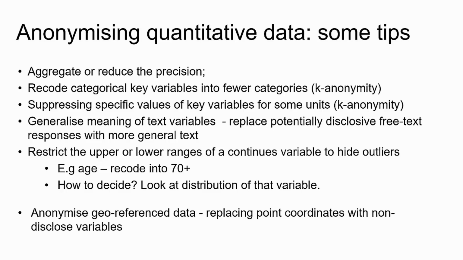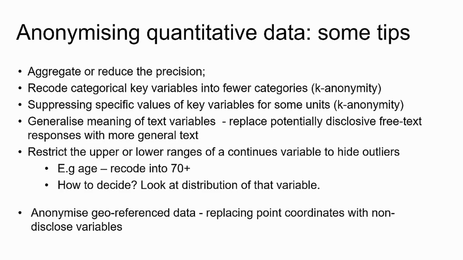Restricting upper or lower ranges of continuous variables hides outliers. For age, for example, we would either band it, so have age groups, or just recode it into over 70s. To decide this, we would look at the distribution of that variable. If we only have, say, 2 people over 70, then we might do that.